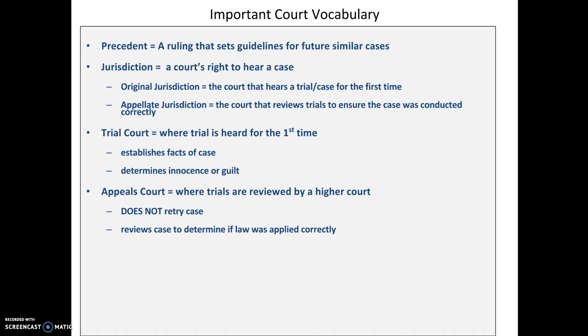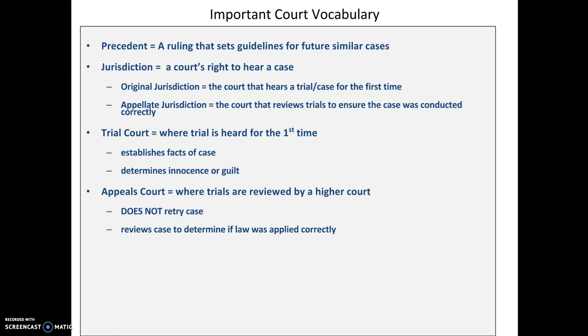You, in your U.S. history classes, learned about several precedent-setting cases. Cases like Plessy versus Ferguson and Brown versus Board of Education were important to our story historically because they established precedents. They basically shaped how the law was going to be applied for years and years to come after that.